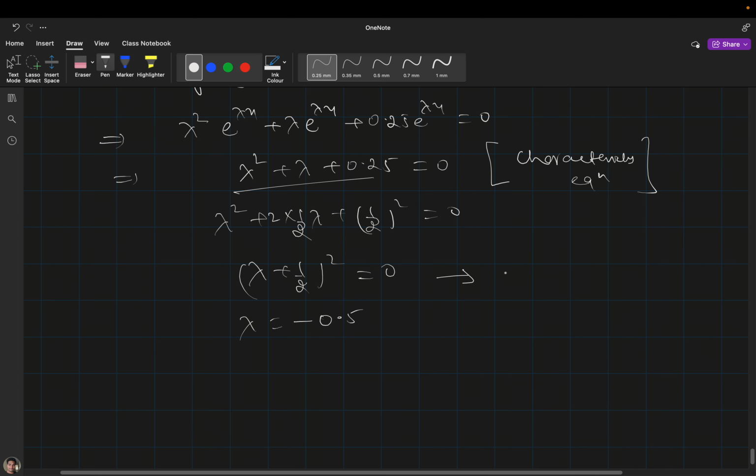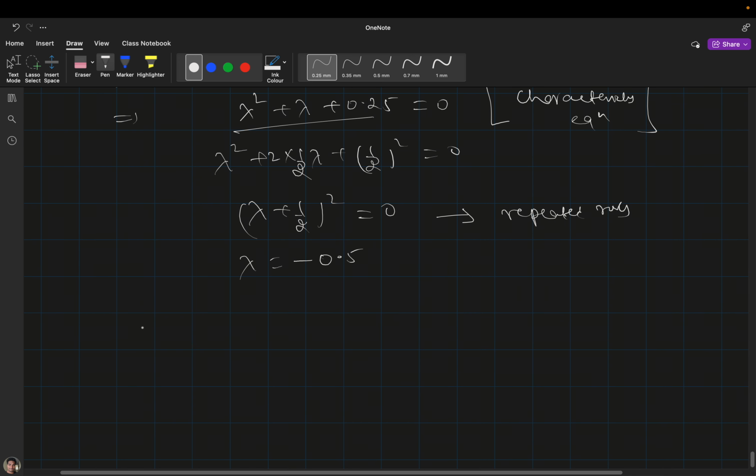Now you can see that it is a case of repeated roots. Then directly you can write the solution. The solution will be e^(-0.5x) times (c1 plus x c2). So this is the general solution.